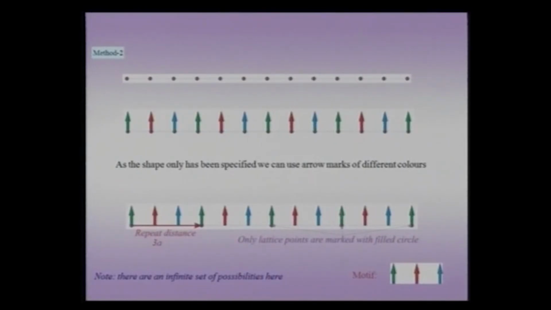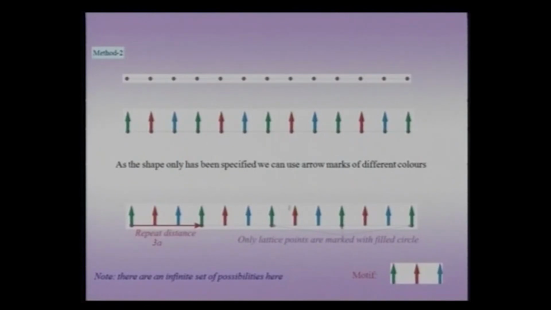And now, since I know what the lattice is, what is the motif? Again, it's a combination of 3 arrows as before, but now there are 3 arrows of the same size but different colors, and this combination of a green arrow, a red arrow, and a blue arrow with the distance between them being a is my motif.